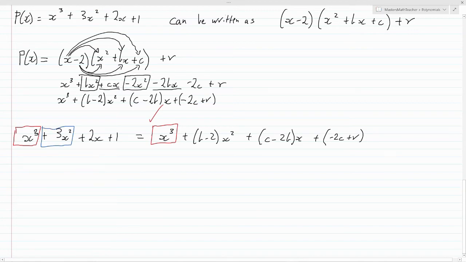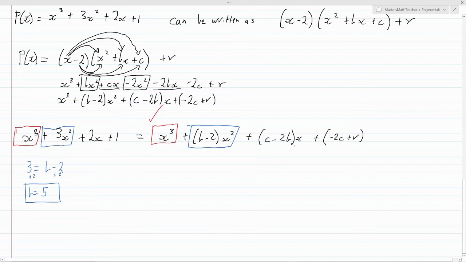We have 3x squareds here and b minus 2 x squareds on the other side. So to equate the coefficients, we know that the 3 has to equal b minus 2. What we can do now is solve this for b by adding the 2 over. So b equals 5. That's our first bit that we can find.